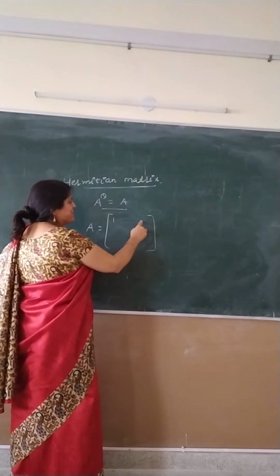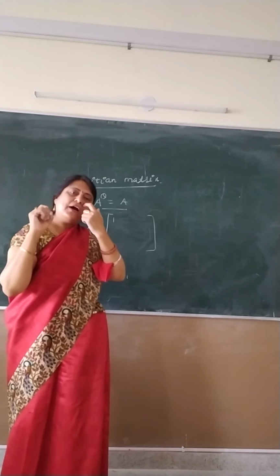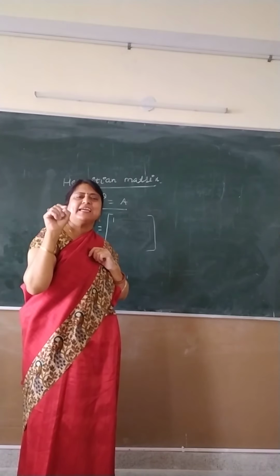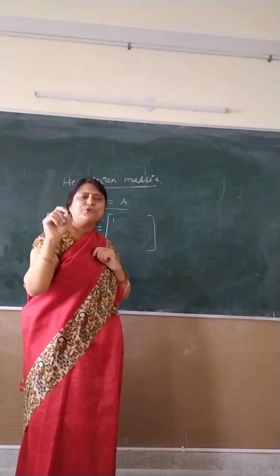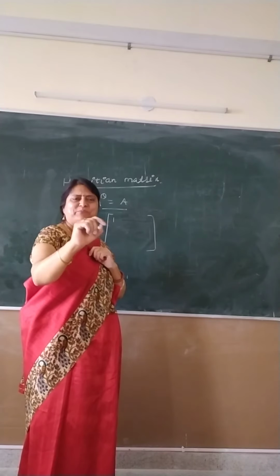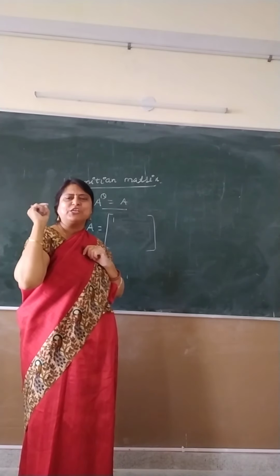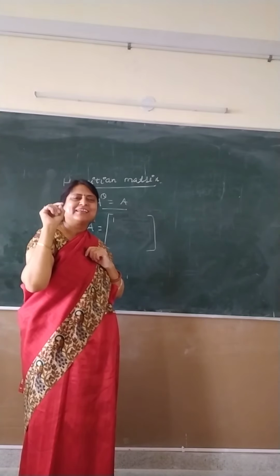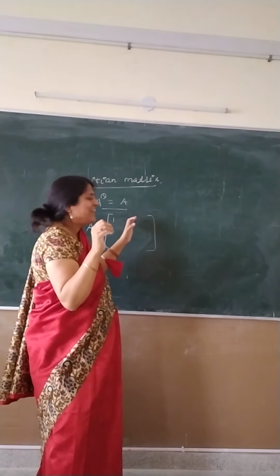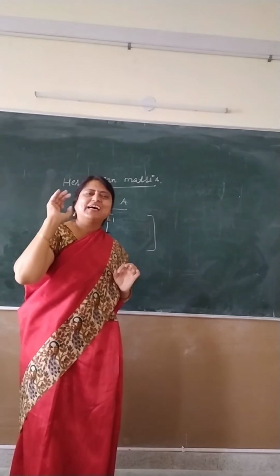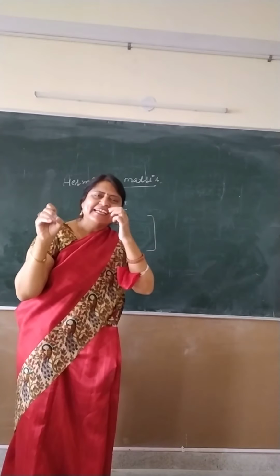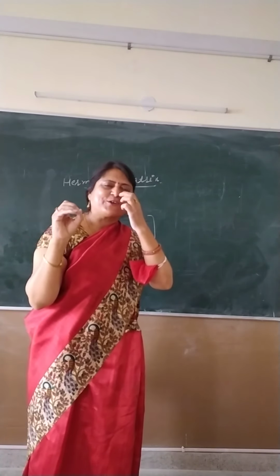And the element which is lying in first row and second column should be equal to the conjugate of the element lying in second row, first column.